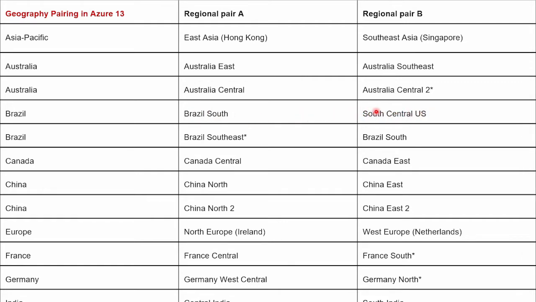Brazil is backing up in the United States, but the United States is not backing up with Brazil. It's the same situation with Singapore, and those are the only two countries in the entire ecosystem that don't have their own backup within their own country. So I want to give you an idea and I wanted to point that out for you.